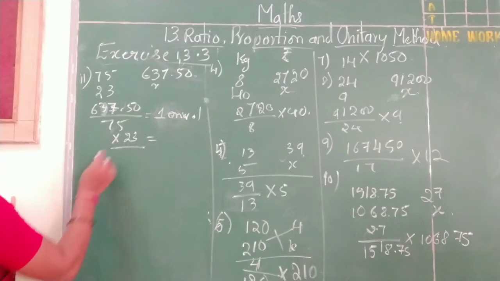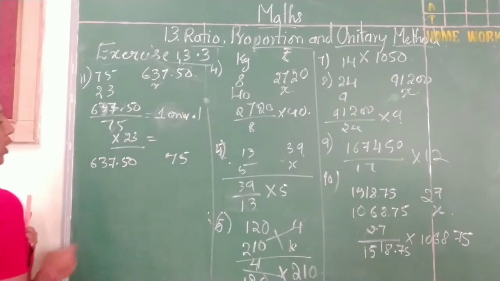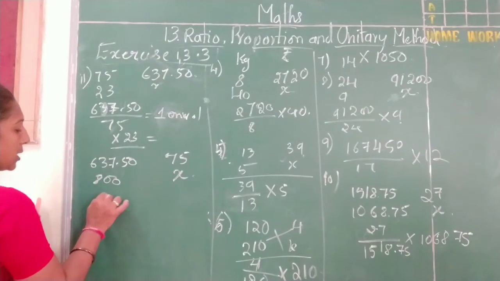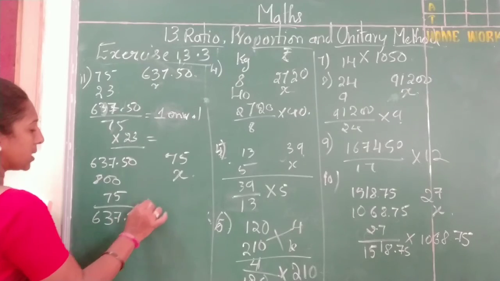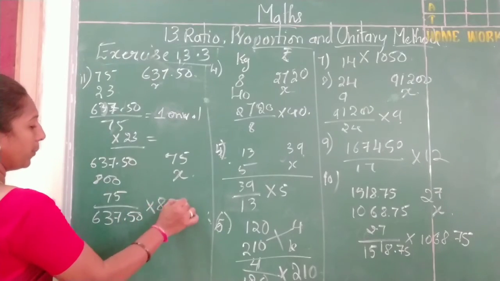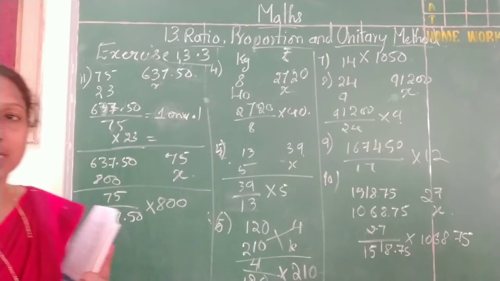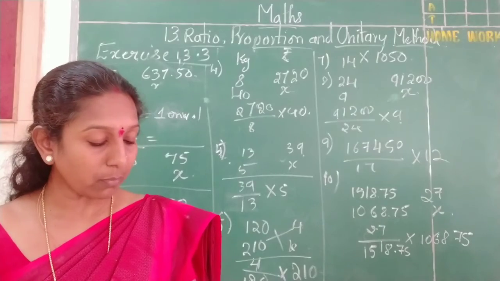Now 637 rupees 50 paisa means I can buy 75 envelopes. For rupees 800, how much can I buy? So 75 divided by 637 rupees 50 paisa into 800, if you do, you will get the answer. So these are the two methods. Two times you have to do it here.